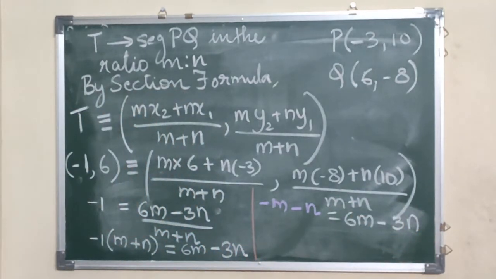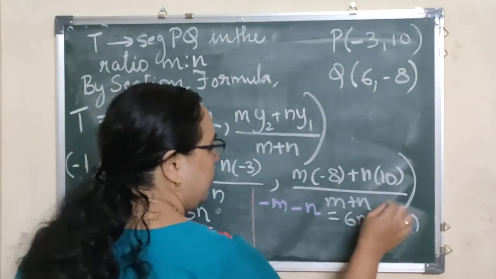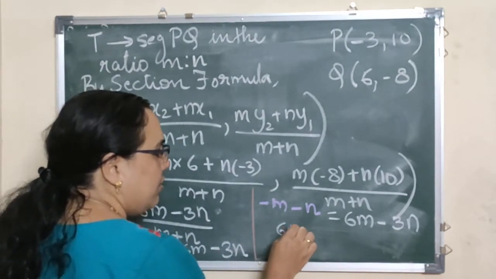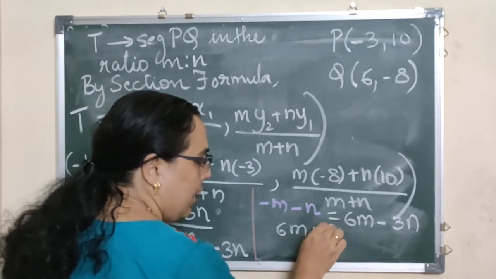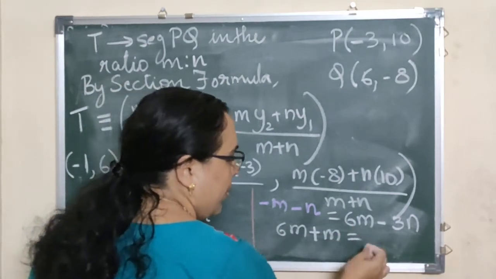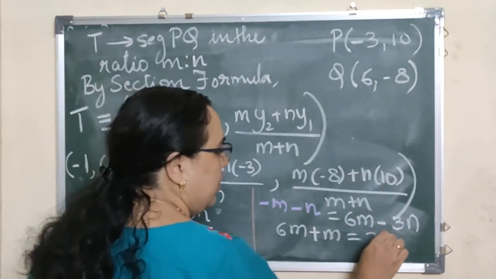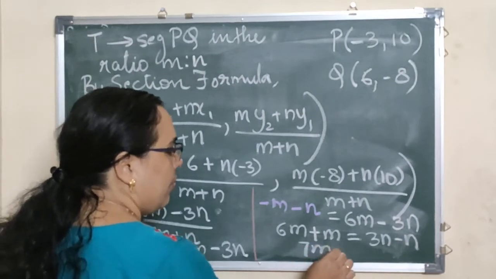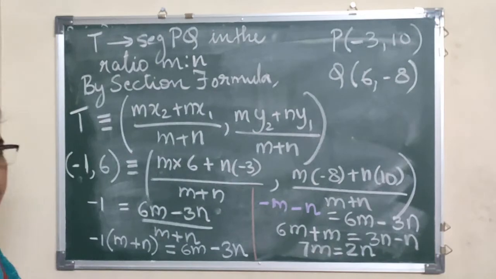Now bring m terms together, n terms together. I bring m this side, I take n the other side. So it becomes 6m plus m, and minus 3n comes this side, so 3n minus n. 7m equals 2n. Followed so far?